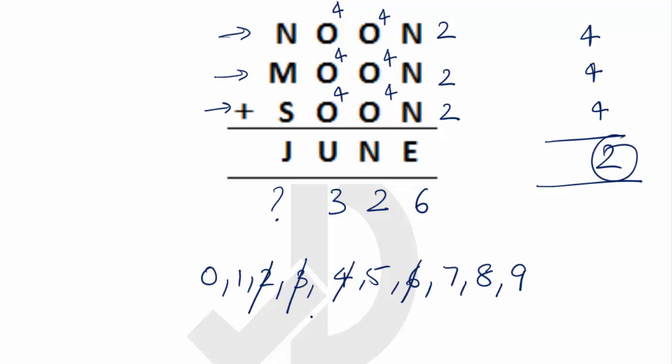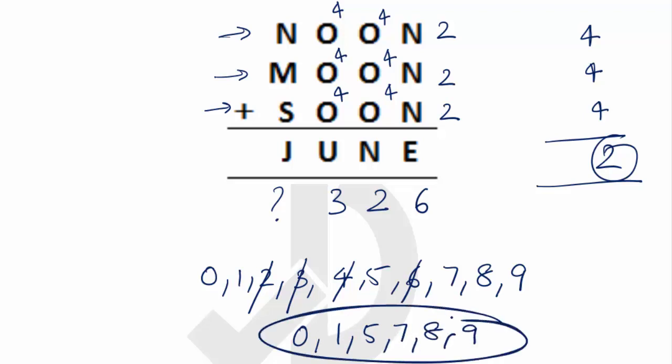The remaining digits are 0, 1, 5, 7, 8, 9. In these remaining digits, we have to make a trial for N, M and S. We cannot keep this value as 0 because it is a starting digit, and starting digits cannot be 0.